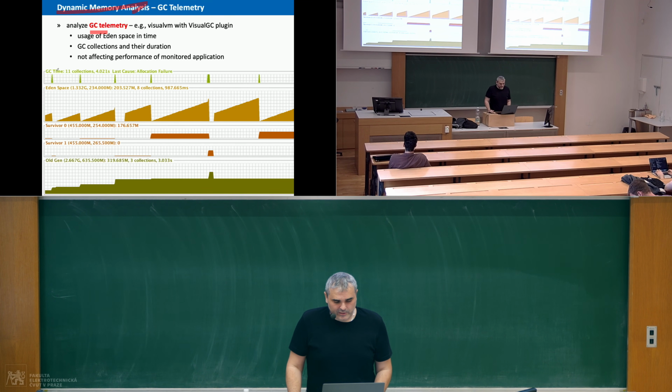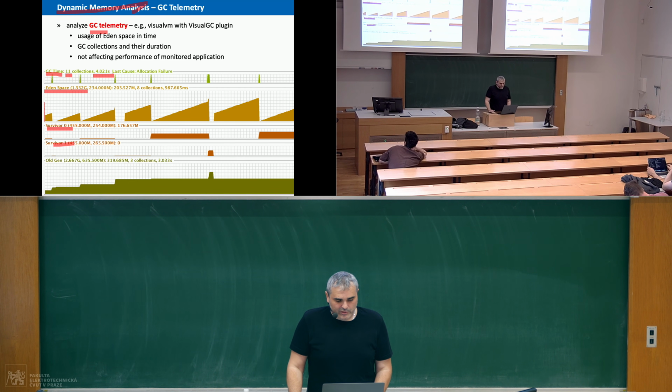So here you can see that the overall GC time contains 11 garbage collection cycles, and it consumes 4 seconds of your application. Usually, depending on the configuration of garbage collection, this means that's the time when the application was not running at all, because there is the stop-the-world of your application. And then you can analyze the heap space content, survivor spaces.